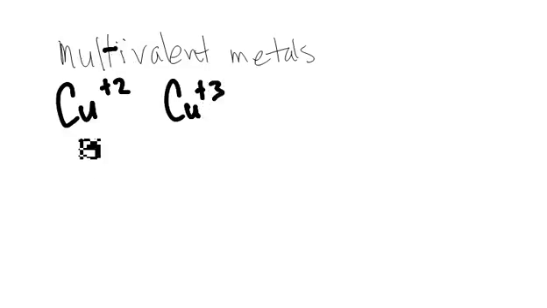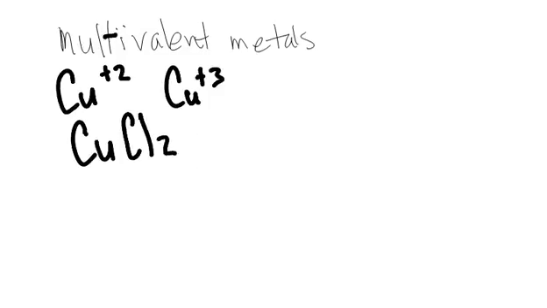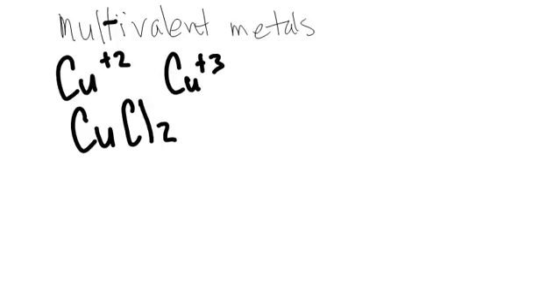So let's say I had a compound that was copper chloride. And so there's the formula. And I need to write the name for this compound. Well, what I need to start with is looking up the charge on chlorine.